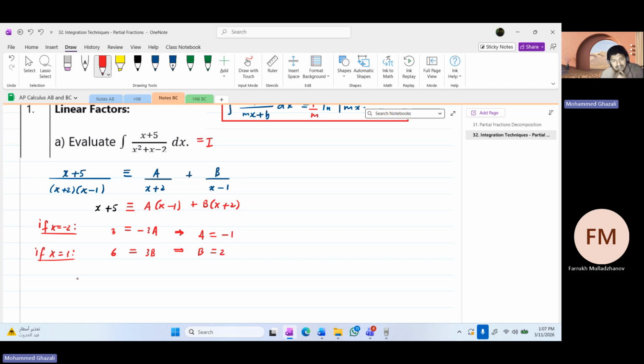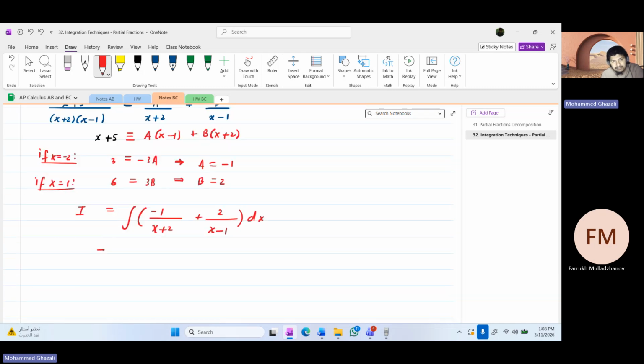So the integral now becomes the integral of a, which is -1 over x plus 2, plus the integral of b, which is 2 over x minus 1, dx. And this is very simple because this is ln form.